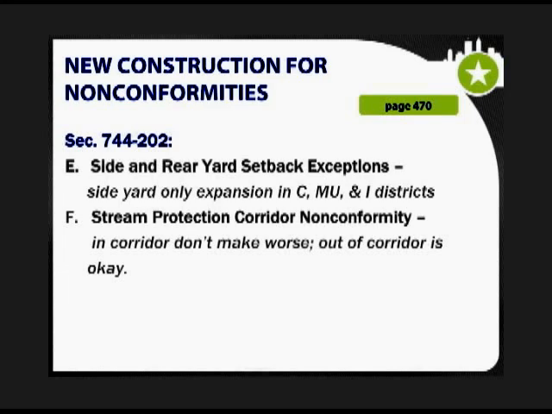Basically, if you're in that protected corridor, that 25 feet or 60 feet, you can't make it worse. You can be there, you can keep it. If it's got a parking lot there, you can keep the parking lot and all that good stuff, but you can't make it worse. Now, your lot is going to extend beyond that stream corridor.